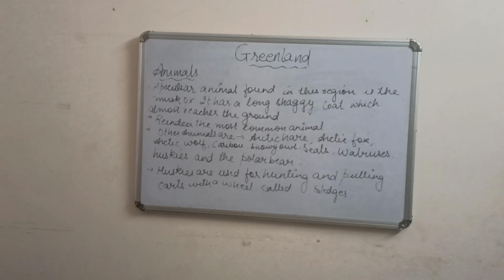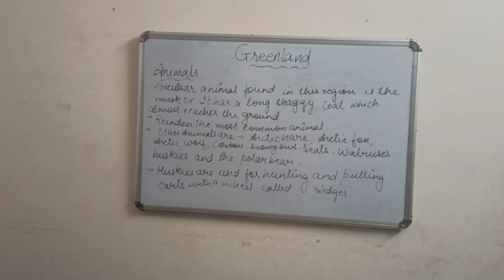It has a long shaggy coat which almost reaches the ground. The reindeer is the most common animal found in this region. Other animals found here are the Arctic hare, the Arctic fox, Arctic wolf, caribou, snowy owl, seals, walruses, huskies, and the polar bear.